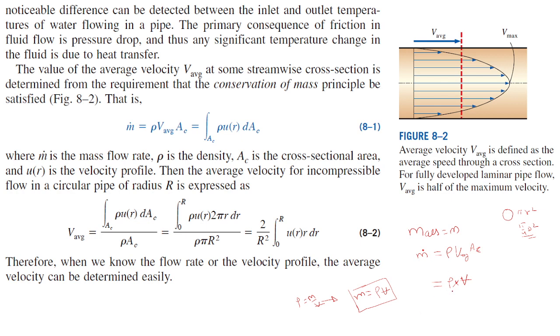Mass flow rate is nothing but mass per unit time. If you break these things down, here you write the T. If you break rho into area into length divided by T, you get rho, L by T, which is velocity, into area.